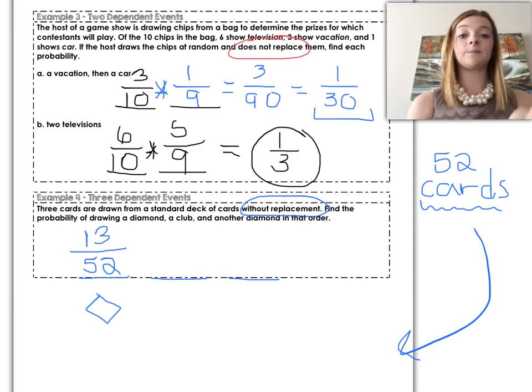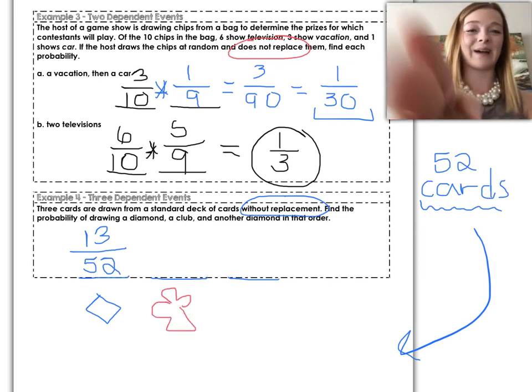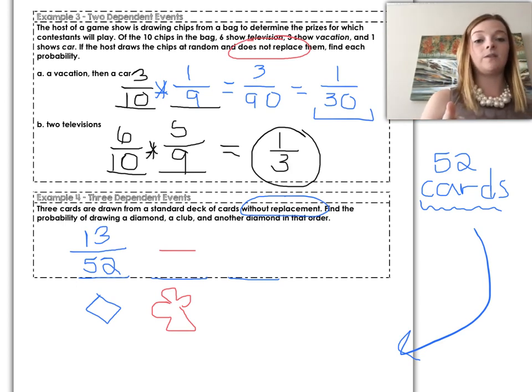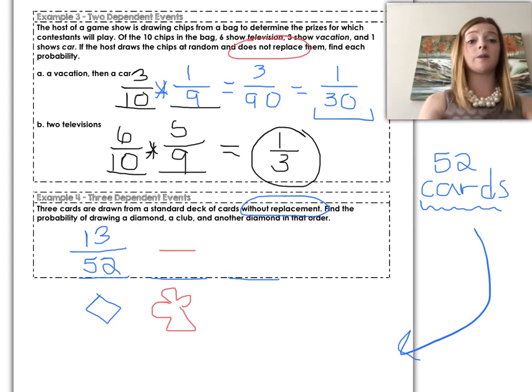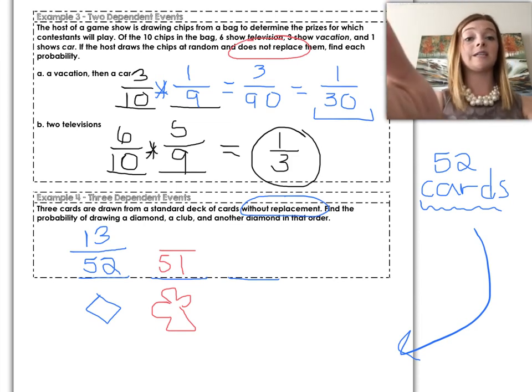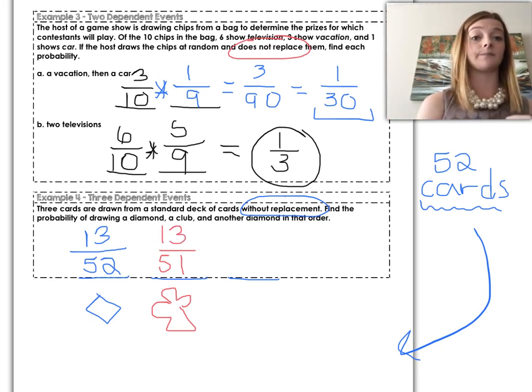So then the next probability that I'm dealing with is drawing a club, okay? There's my pretty atrocious drawing of a club, okay? A few things to notice. It's without replacement. So now that I had my first draw, I have 1 less card in that deck of cards, bringing my total down to 51. Now, because I'm under the assumption that the first one drew a diamond, there are still going to be 13 clubs because club is one of the 4 suits of a deck of cards, okay?